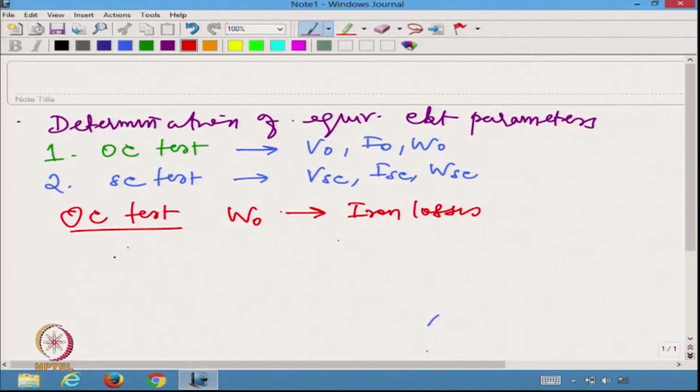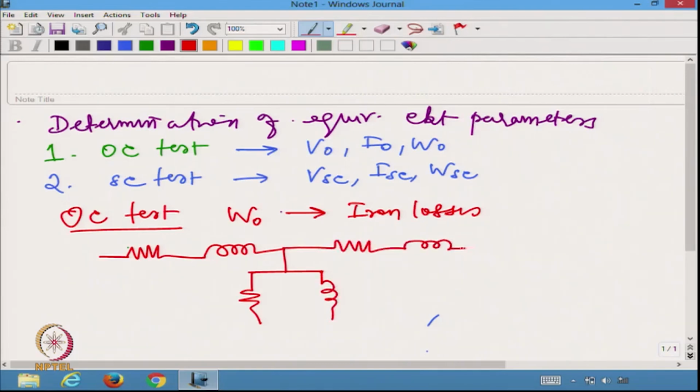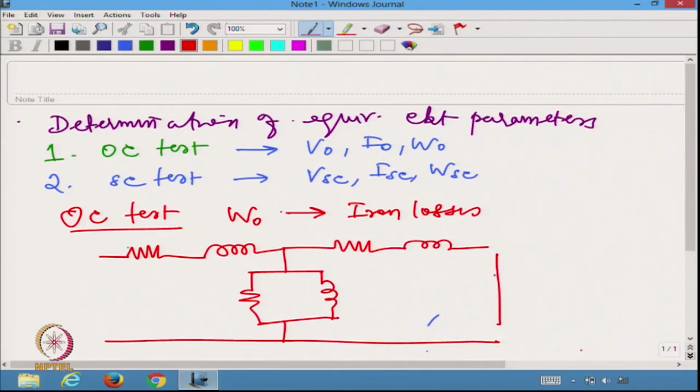That is because if you think about the equivalent circuit corresponding to the open circuit test and short circuit test together, I am going to have the equivalent circuit somewhat like this for the single phase transformer. If I look at the open circuit test, the secondary is on open circuit condition, which means the current flowing here, which I may call I2 dash, is equal to 0.